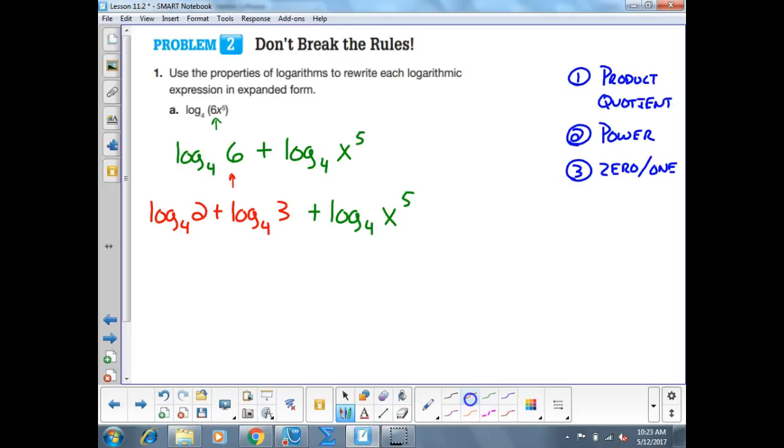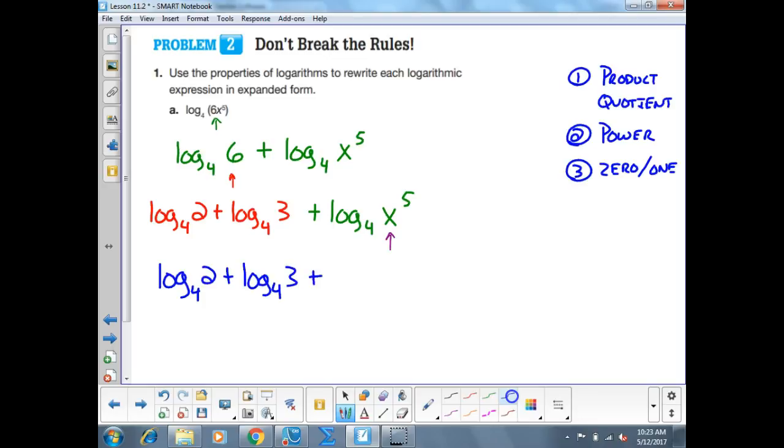What can we apply now? The power property. So this one: log base 4 of 2 plus log base 4 of 3 plus what now?